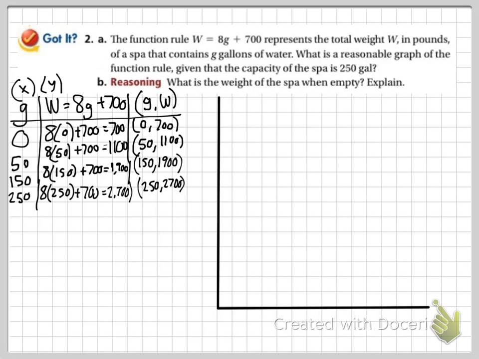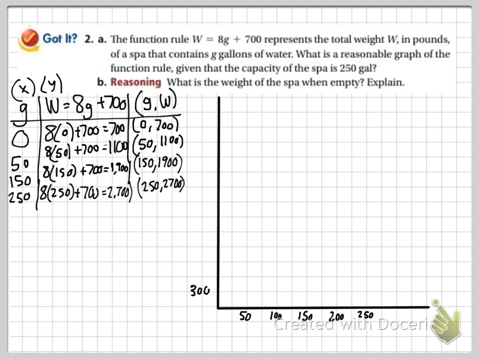Okay, so down here I'm going to go up by 50s. Here, maybe I'll skip 2 just so there's more room. 50, 100, 150, 200, 250. And then I need to get all the way up to 2,700, so I'm going to try going up by 300s.